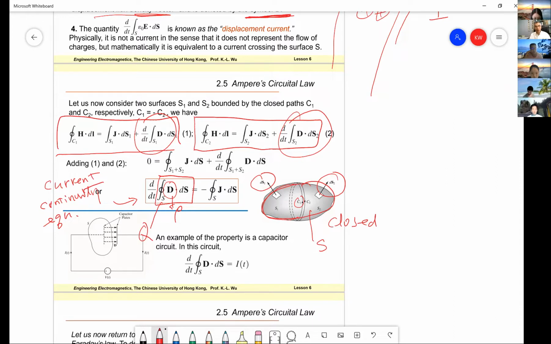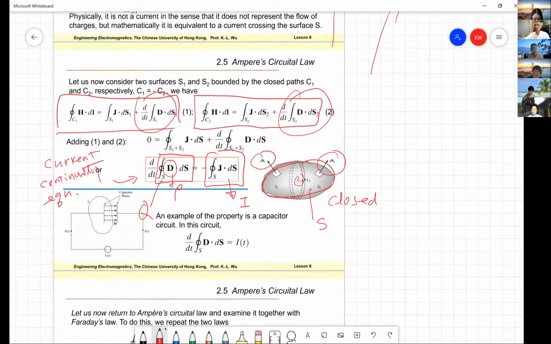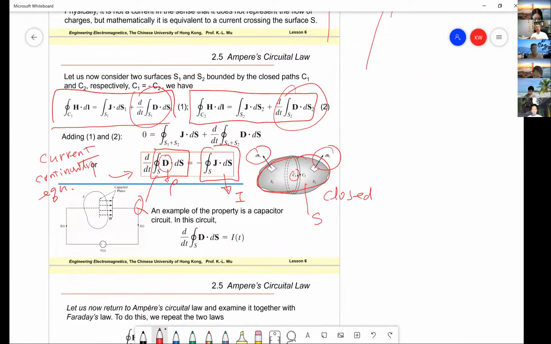So what it tells you is, this is current, you see? So I just showed this picture. This is current. It tells you how the current is created, how the current is generated. Current is generated because the total amount of charge changes with time.